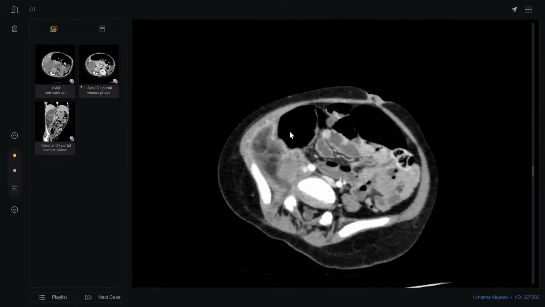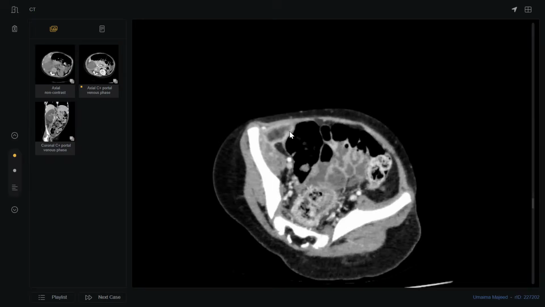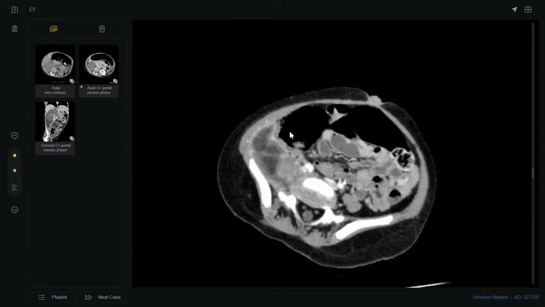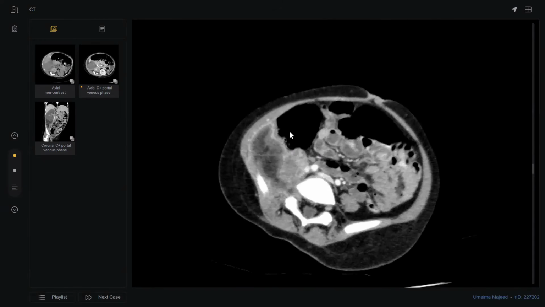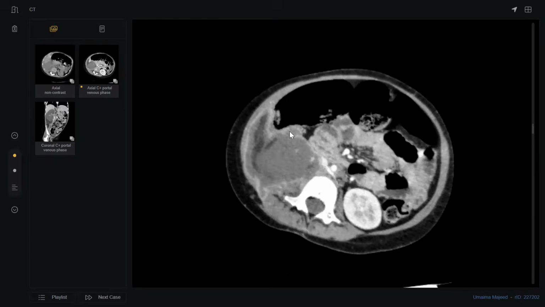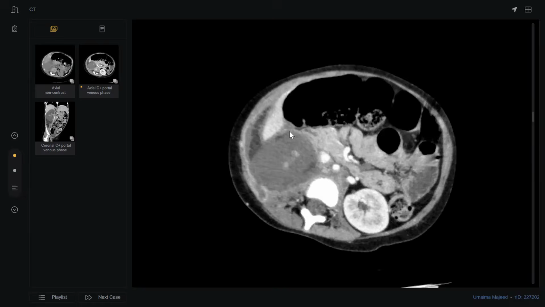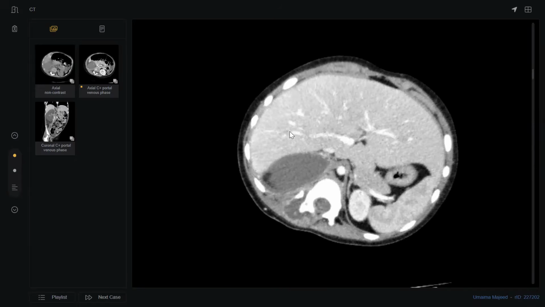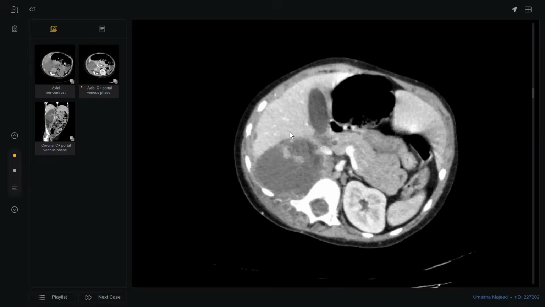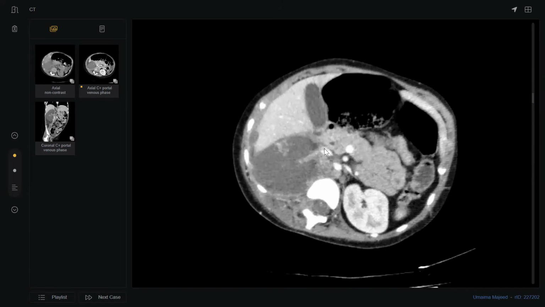So combine both entities: infection plus infarction. You should ask yourself which one is first: infection, then infarction. Then go to the kidney. Number one, it is completely ischemic, so it is almost arterial. Number two, if you look here, this is the IVC, this is the renal vein, this is the aorta.